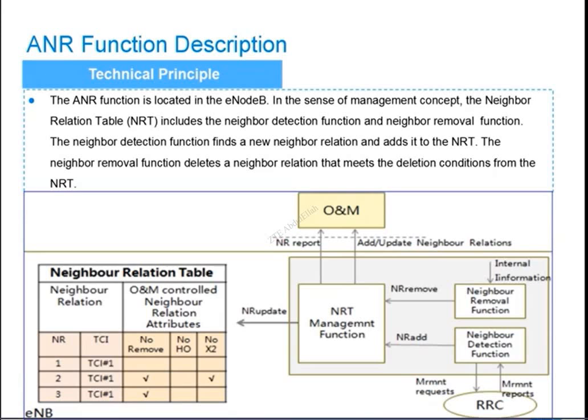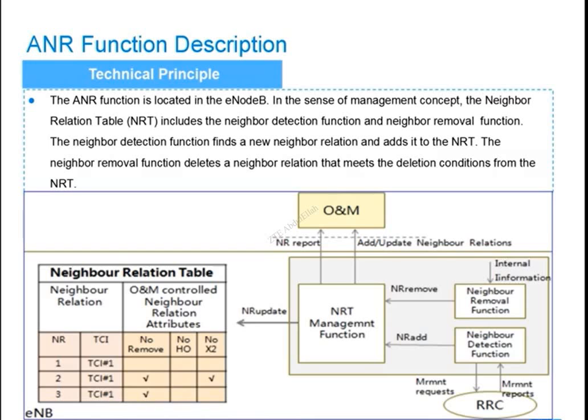The eNodeB side maintains the NRT. This table considers when to detect and add a neighbor and when to remove a neighbor. The neighbor detection function finds a new neighbor relation and adds it to the NRT. The neighbor removal function deletes a neighbor relation that meets the deletion conditions from the NRT.